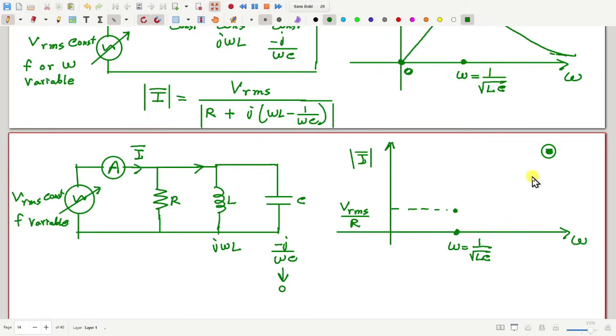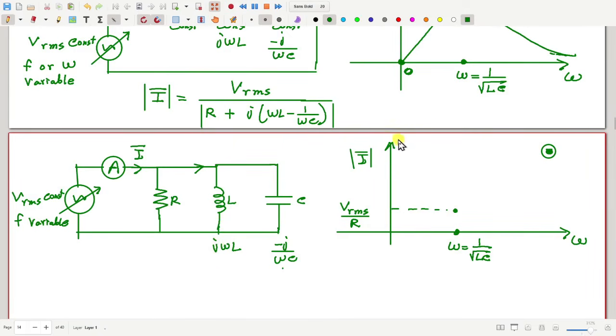And then what happens if we have a very low frequency, say 0 frequency? At 0 frequency, this j omega L will be 0. So this inductor will allow infinite current. Okay, so again at a very low frequency, current will be very high.